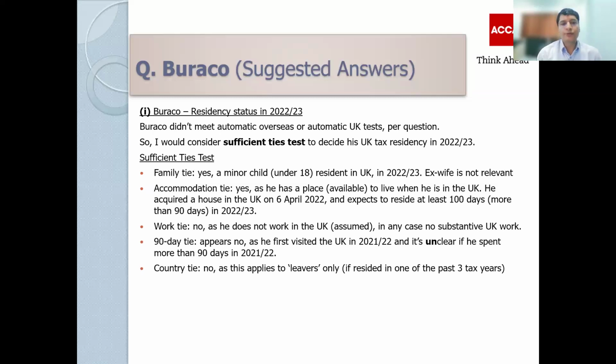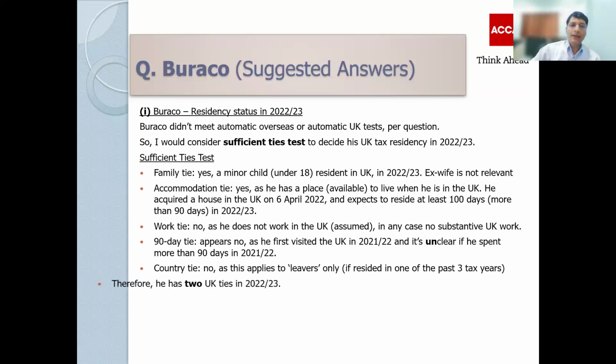Country tie means if someone has been residing in more than one country including the UK, then in which country he was spending more time, in which country he was living longer than any other country. Again, this applies to leavers only, who is living in the UK in any particular tax year, or the same principle if resided in one of the previous 3 tax years. Obviously, the answer is no.